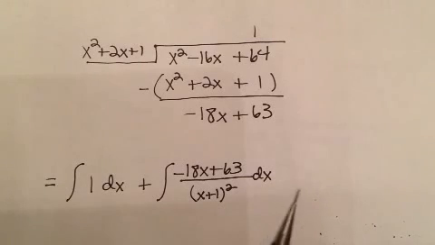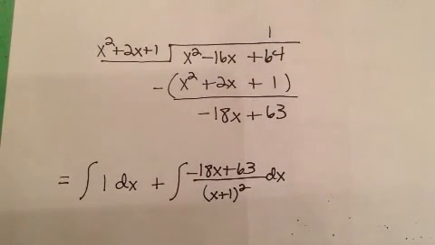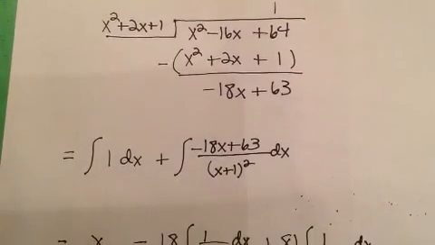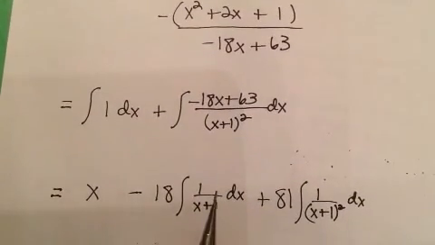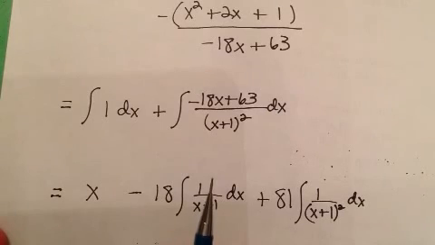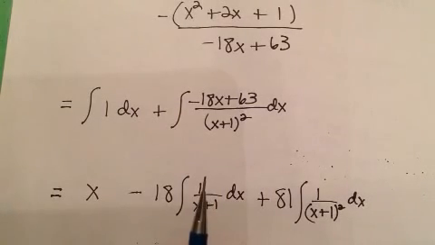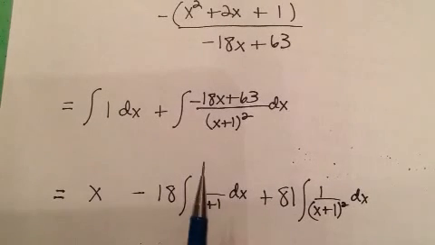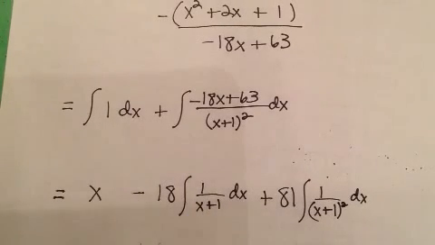The antiderivative of 1 dx goes to x itself. As we look at separating, we're going to look at the partial fraction decomposition portions, and again the antiderivative of dx is x.